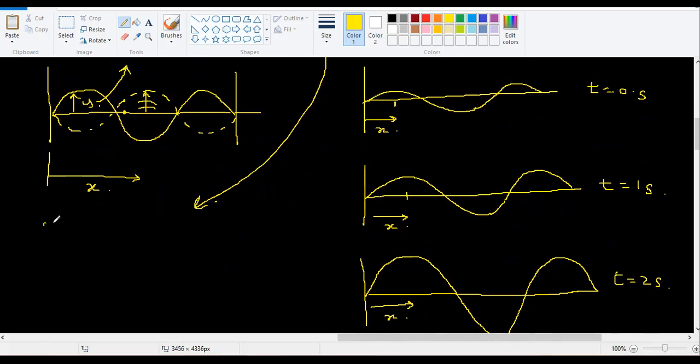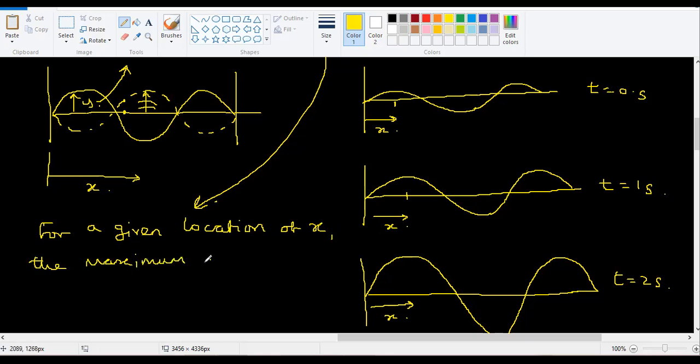So take it down. For a given location of x, the maximum displacement. What do you mean by displacement? Maximum displacement, amplitude.